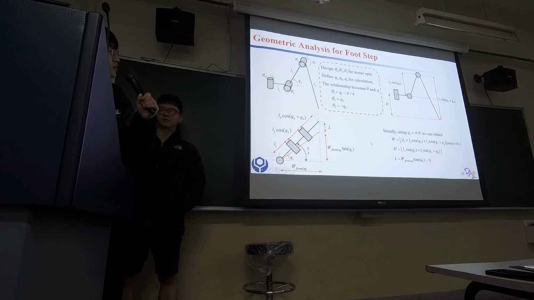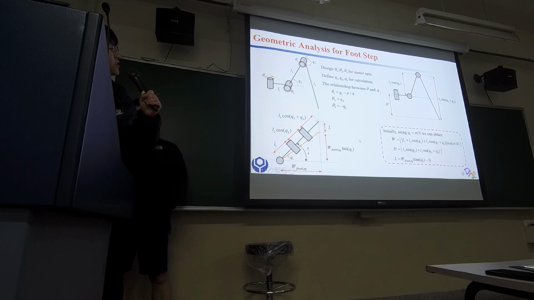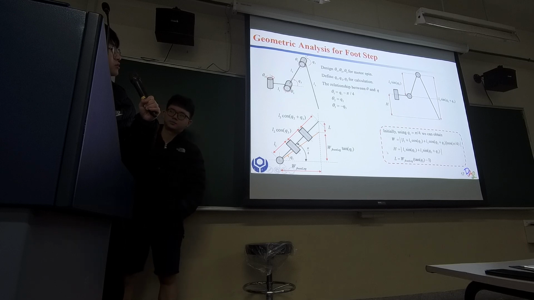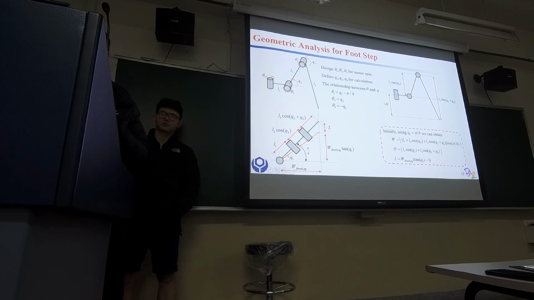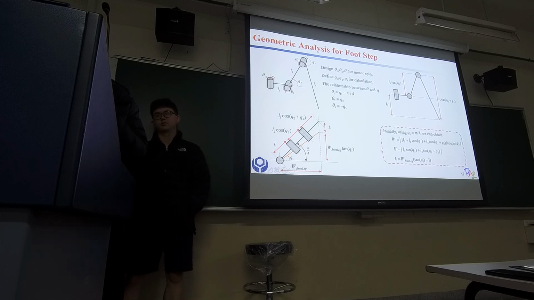We use the side view and the top view to determine our three equations for the width of the front leg, H for the height of the hexapod, and the moving distance L for our footstep.